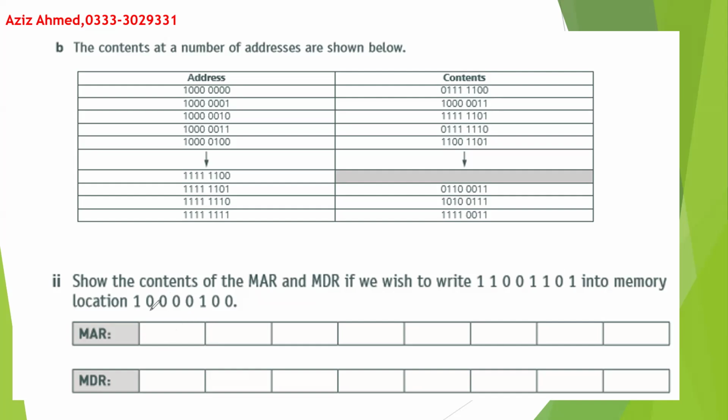Here you have it. So you want to write, this is the data in the MDR. So where is it written into memory? 1000, this one. And this is the data. Got it? Okay.